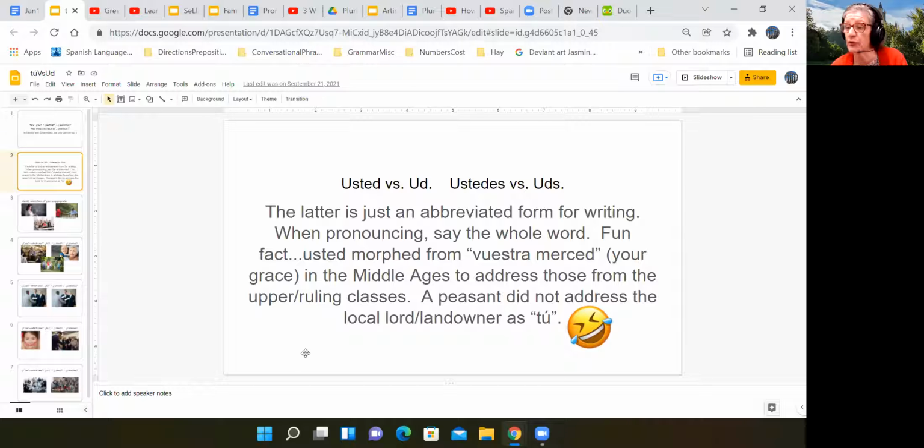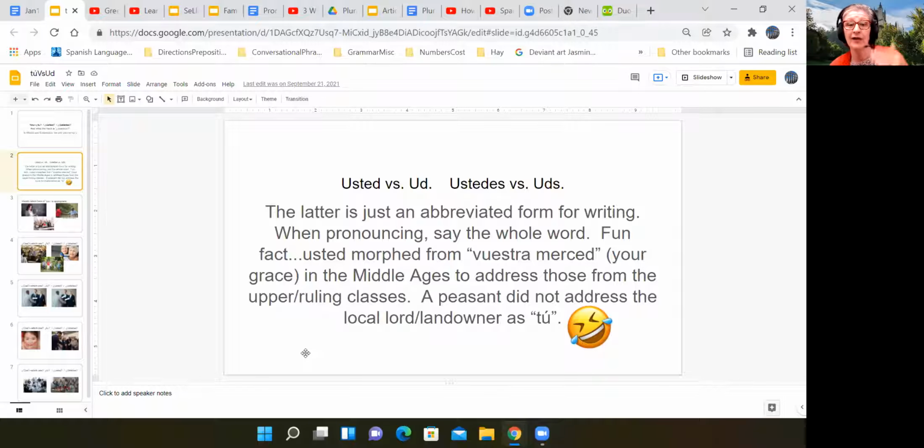And that word usted really morphed from something way back in the Middle Ages. In the Middle Ages, there was a ruling class and the rest of us, and that was pretty much it. The rest of us were owned or worked the land of more important people.